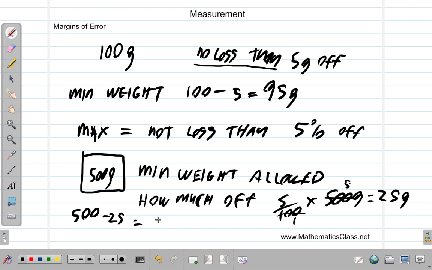It can be as small as 475 grams if the margin of error is 5% off, right? So the smallest allowed actual weight of the package is 475 grams. No less than this will be allowed on the shelves of the supermarkets. Alright?